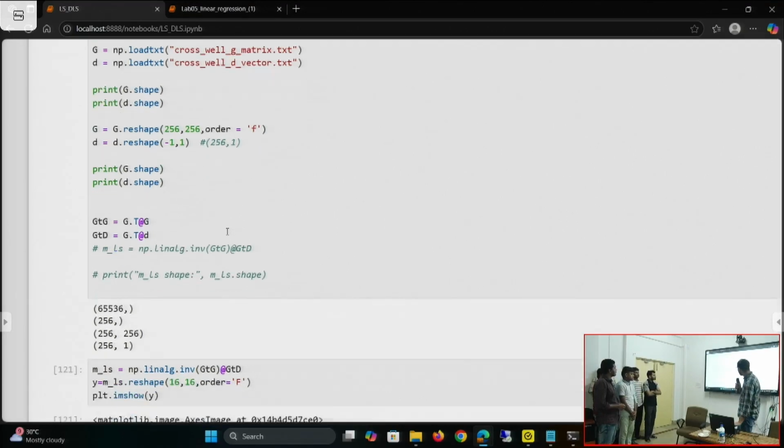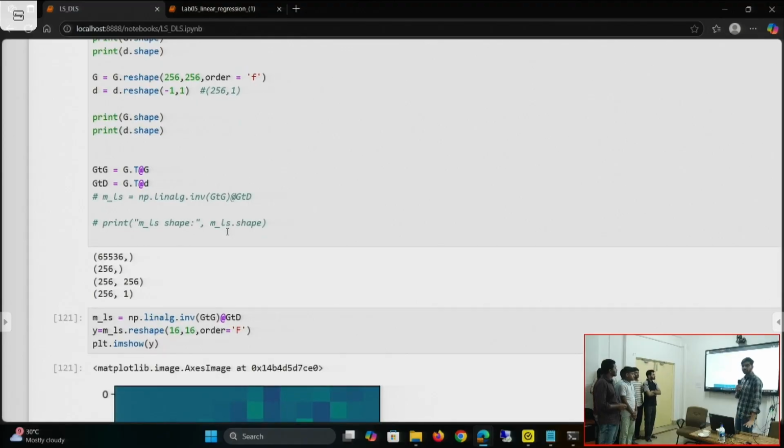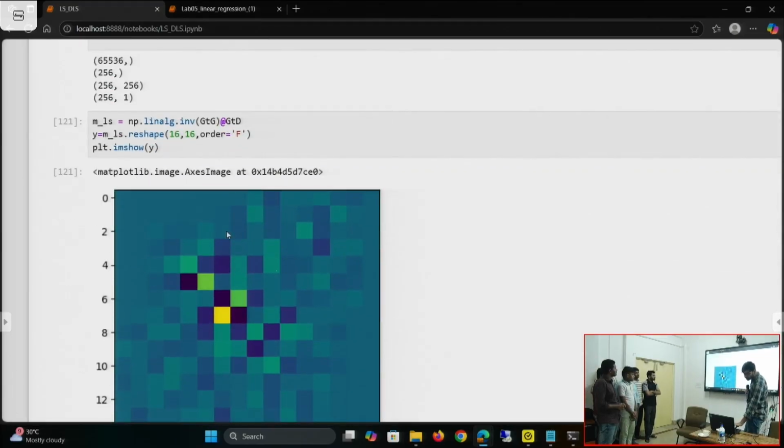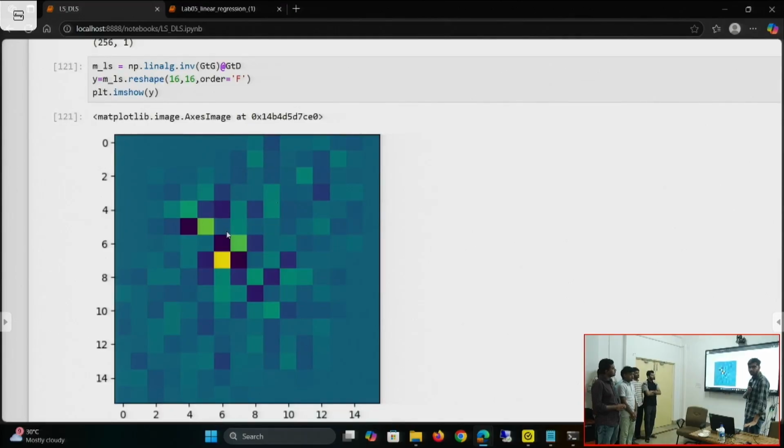For a simple least square inversion, we can do np.linalg.inv. We invert G transpose G and then multiply it with G transpose D. So we get something like this. This is a very simple least square inversion. But what the other group included was the SVD.